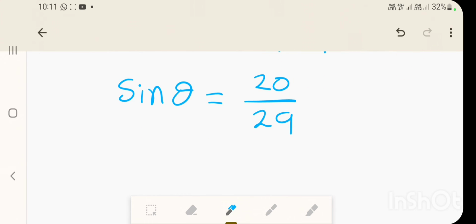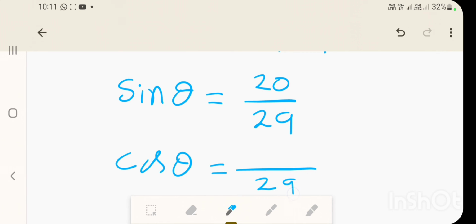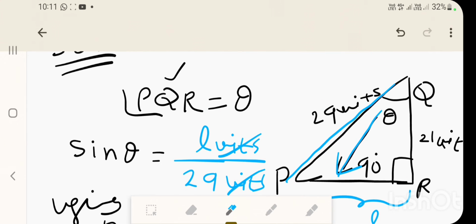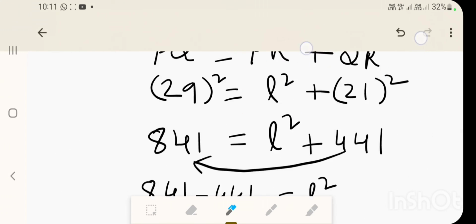So this is sin theta, and we know that cos theta is, remember, for sin theta and cos theta the denominator is always the same, that is the hypotenuse, and the numerator of cos theta is the side adjacent to angle theta. Here it is QR. QR is the adjacent side to the angle theta, that is 21.